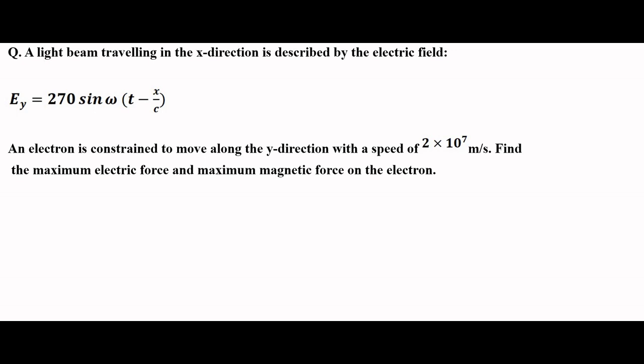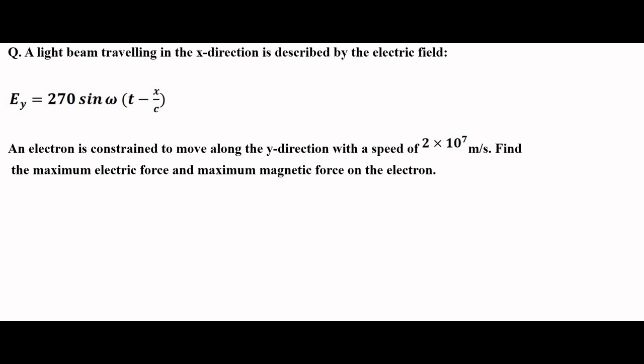Then it is given that an electron is constrained to move along the y direction, that is in the direction of the electric field, and it is moving with a speed of 2 into 10 to the power 7 meter per second. We have to find the maximum electric force and maximum magnetic force on the electron.